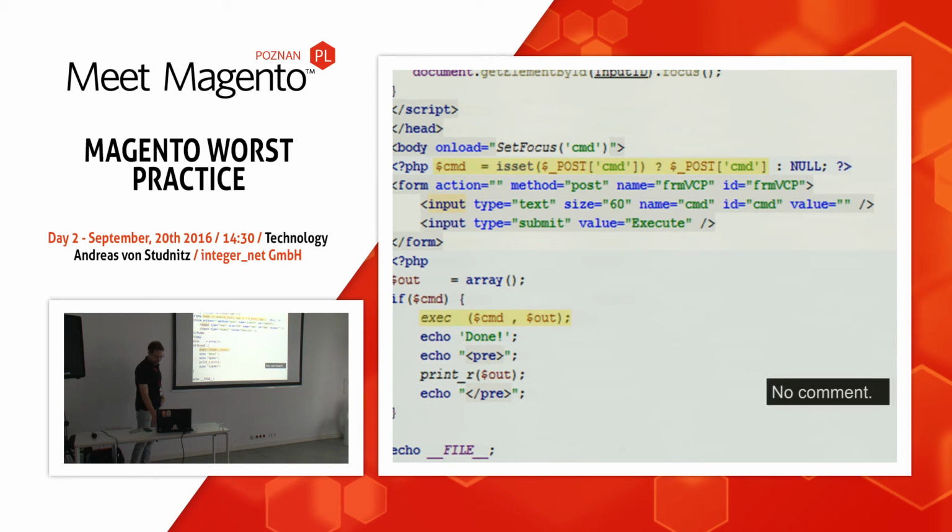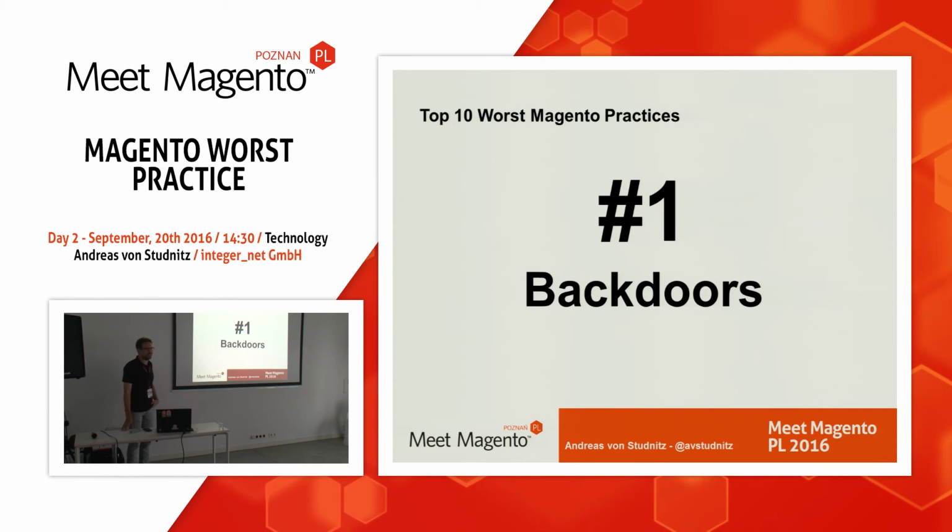So my number 1 is backdoors. They may be intentional, they may be more or less unintentional, but in every case you should never have backdoors in your shop. Even secured by a password or things like that?